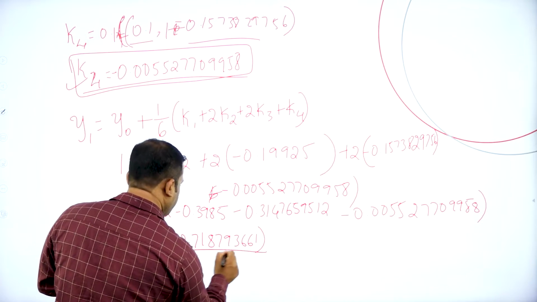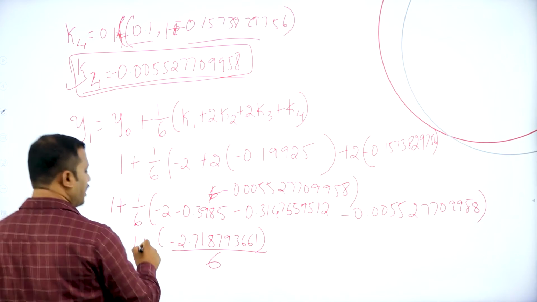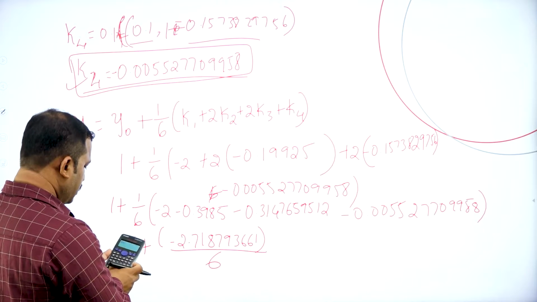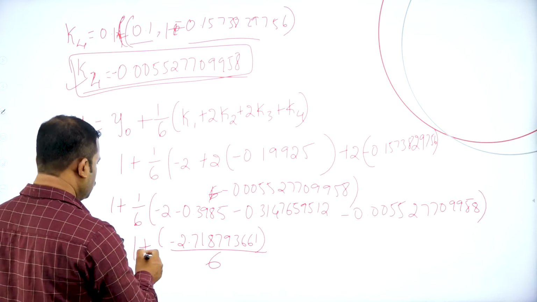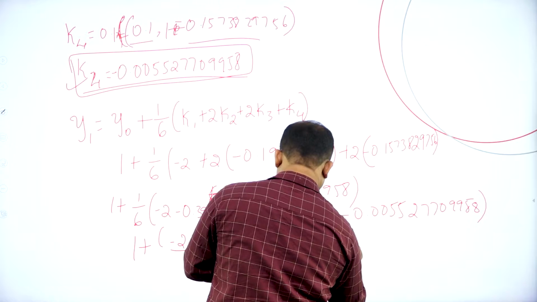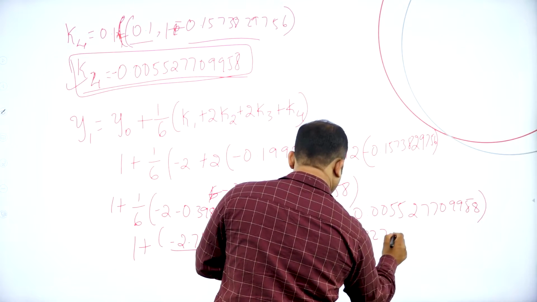This has to be divided by 6 and then 1 must be added to it. The answer divided by 6 gives minus 0.45313222769.